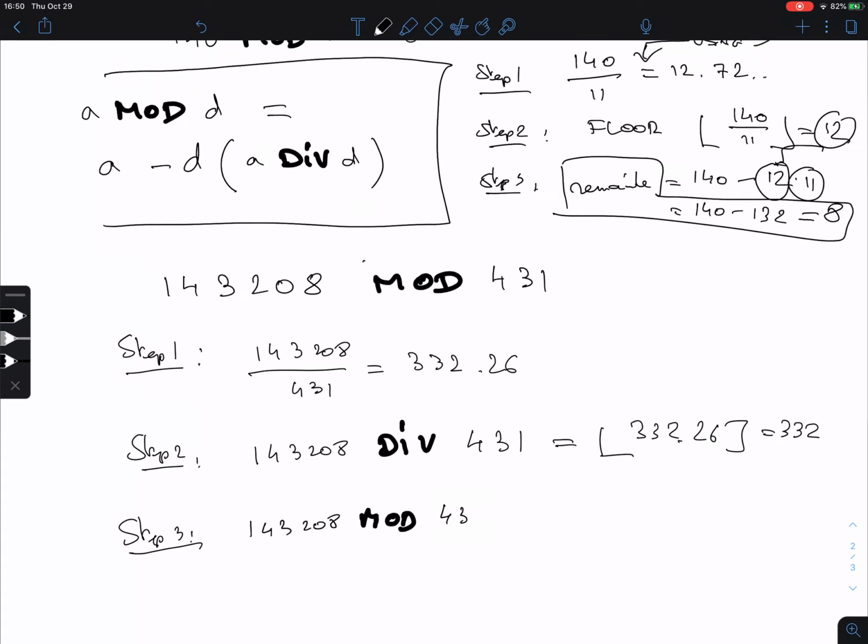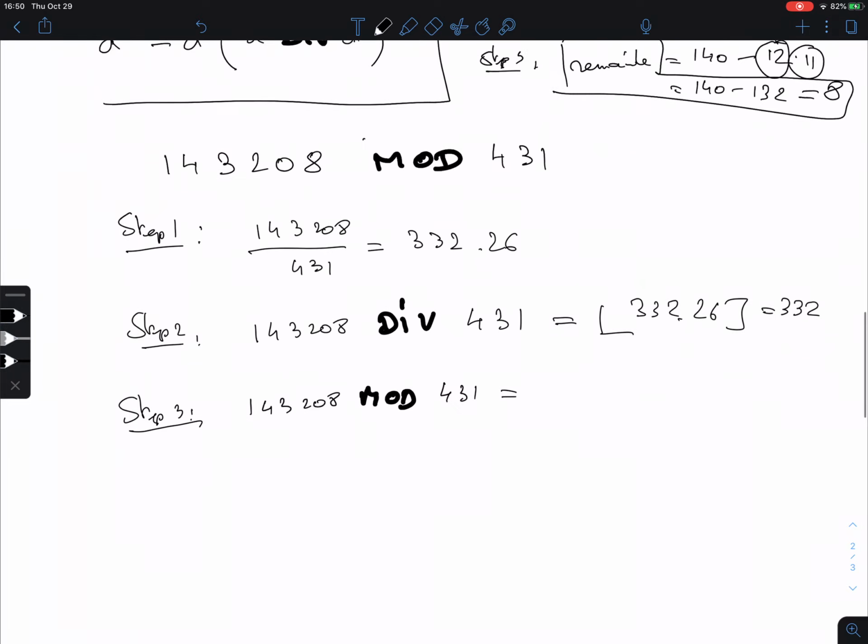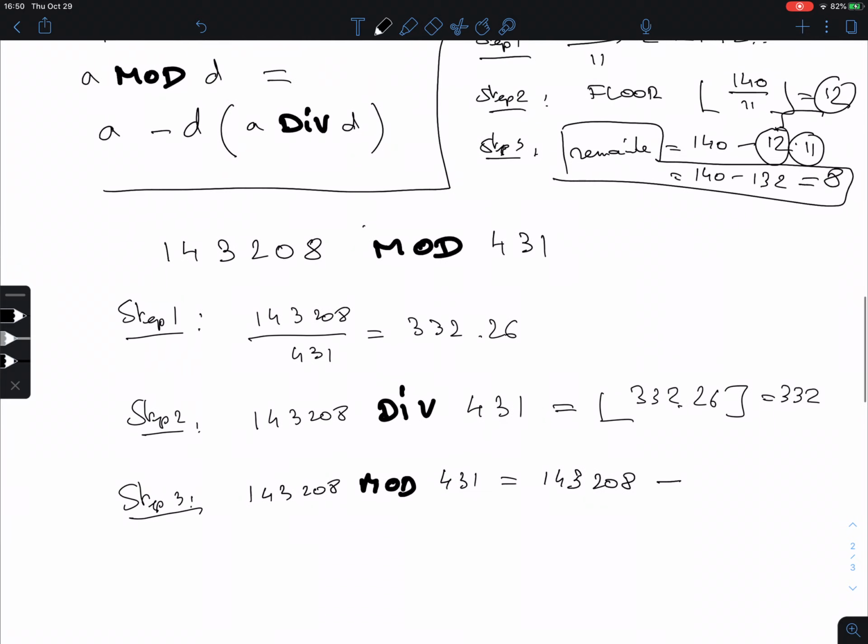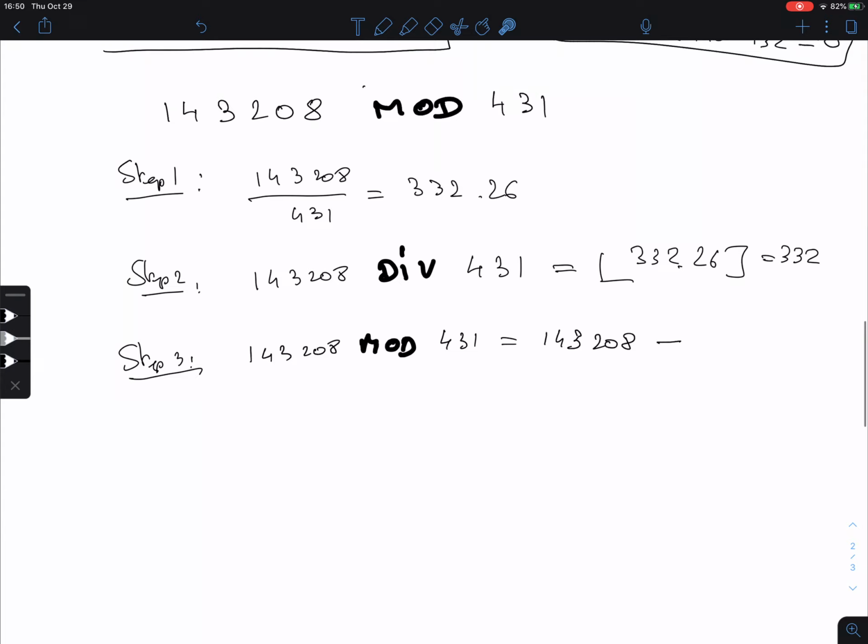Well, we take the number 14328 and subtract from that this product. One factor is the original divisor, that is 431.